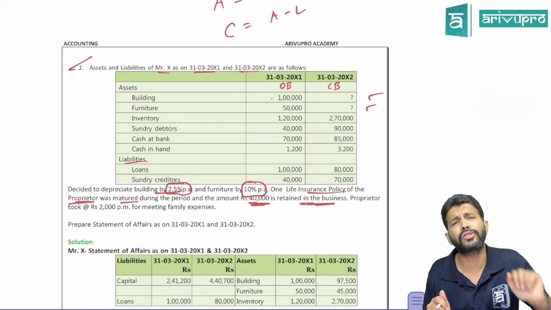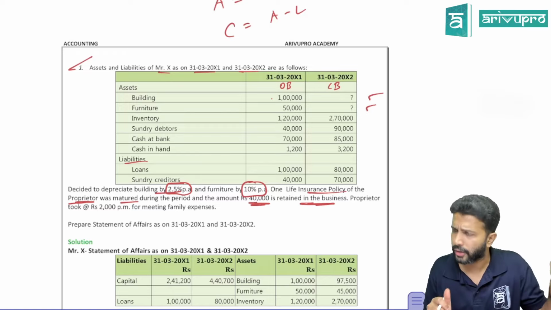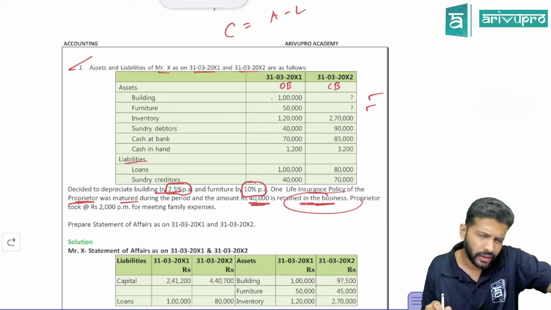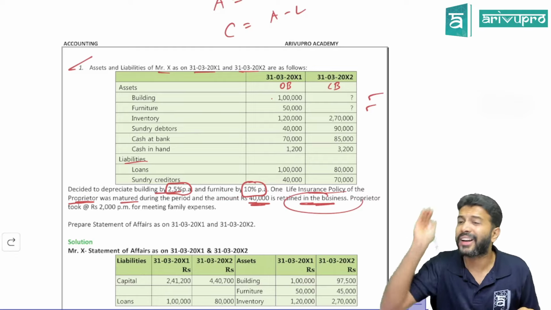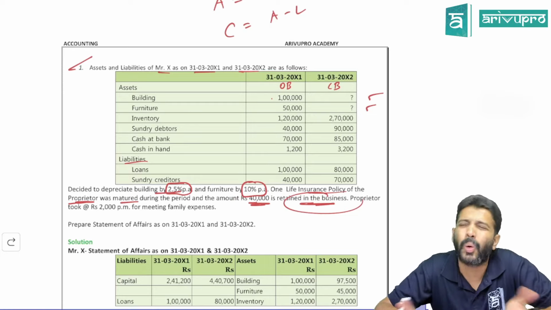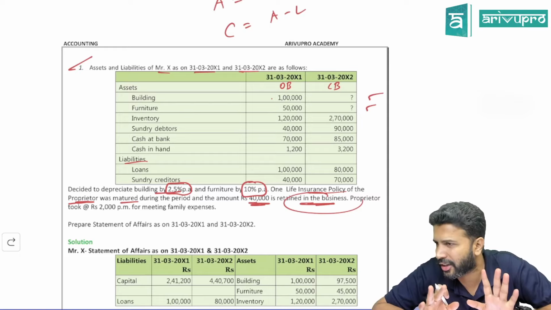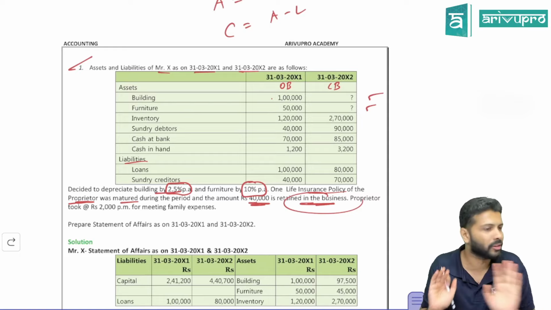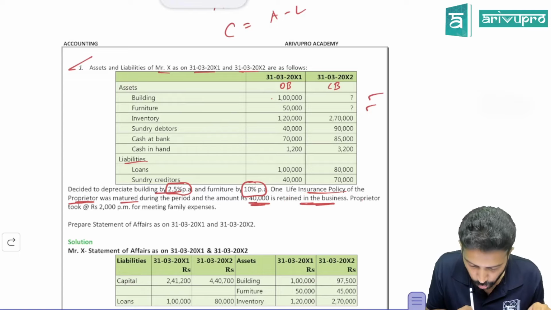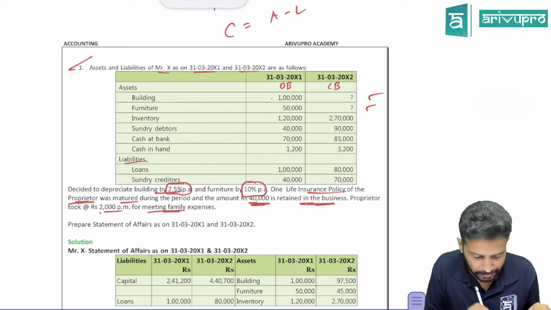That 40,000 belongs to the owner, but the business retained it. That means indirectly this 40,000 is nothing but additional capital introduced into the business by the owner. Instead of saying additional capital, they are using a fancy term. Proprietor took 2,000 per month for meeting family expenses.